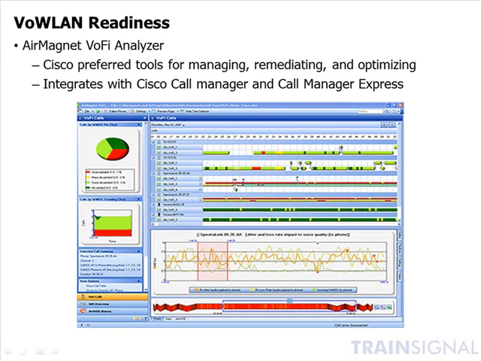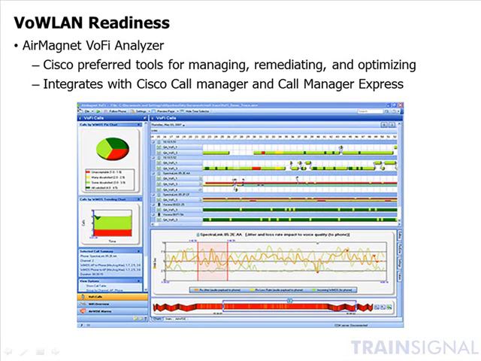And that's what you're looking at on this slide here. This tool is actually the primary solution that's used by the Cisco escalation and advanced service teams that go out and manage and fix problems and optimize deployments of Cisco's unified voice wireless LAN.